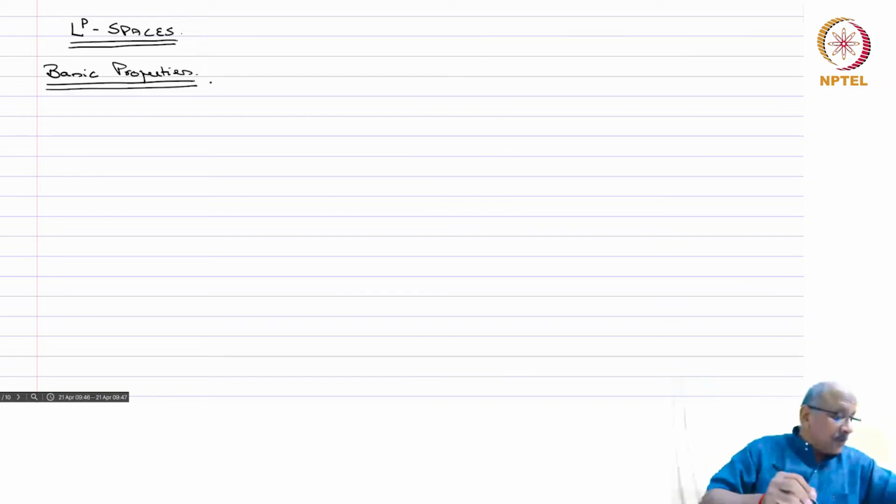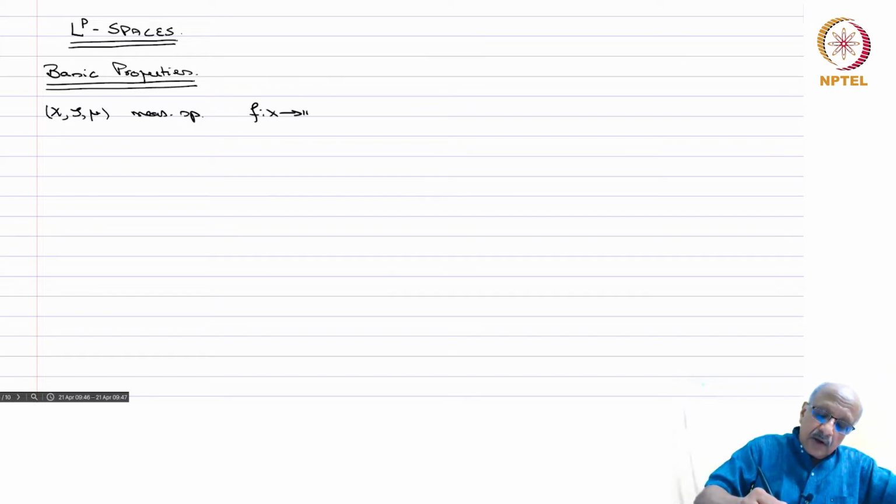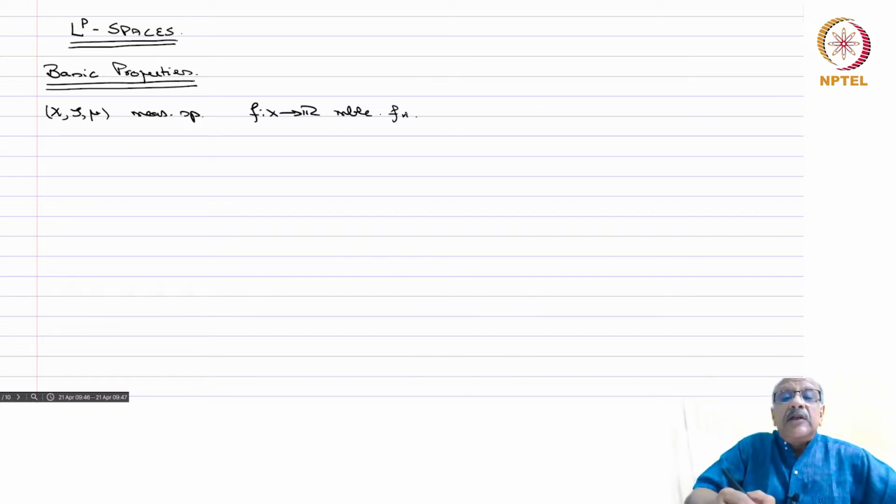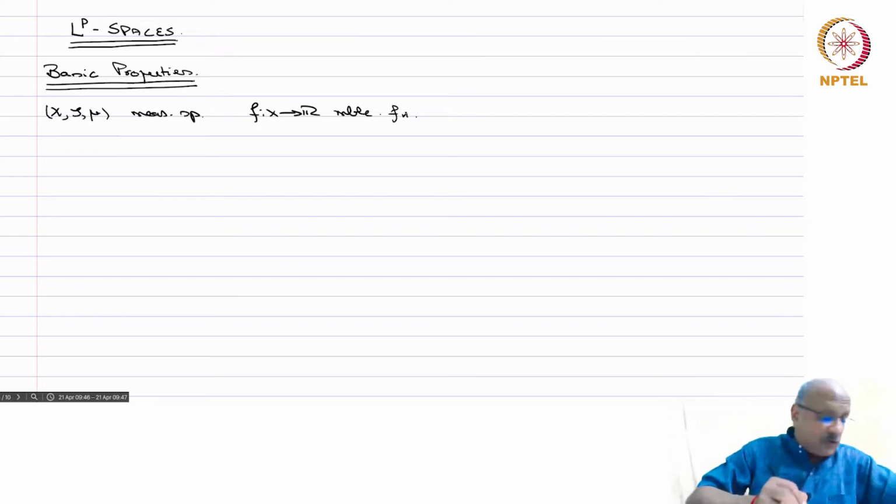Okay, so (X, S, mu) is a measure space and f: X to R is a measurable function. We are dealing with real valued functions, but almost everything that I say will carry over to complex valued functions also.